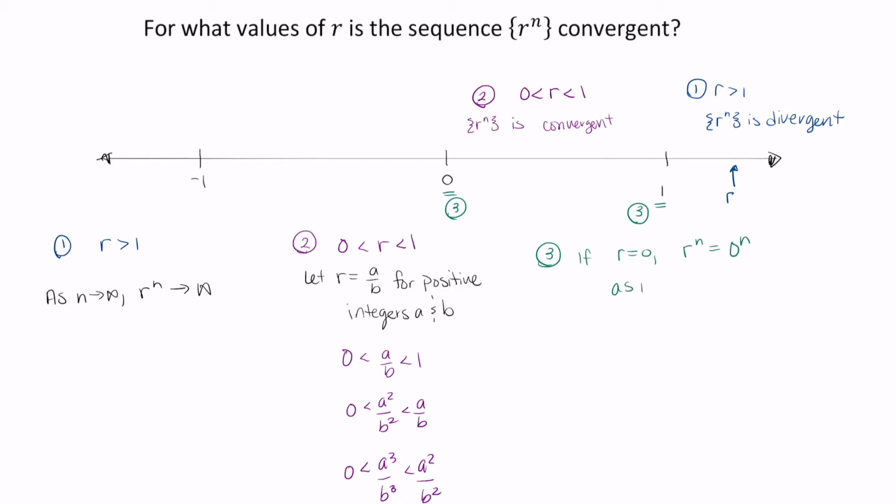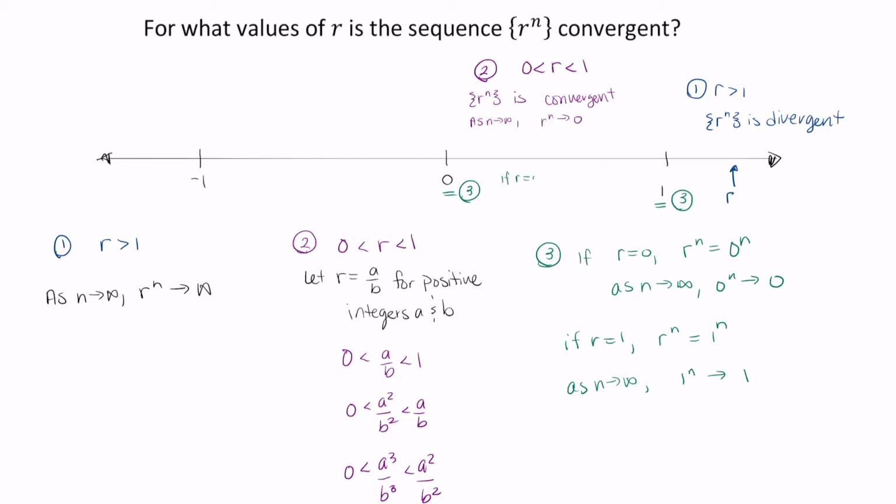And as n approaches infinity, 0 to the nth power approaches 0. If r equals 1, then r to the n equals 1 to the nth power, and as n approaches infinity, 1 to the nth will approach 1.